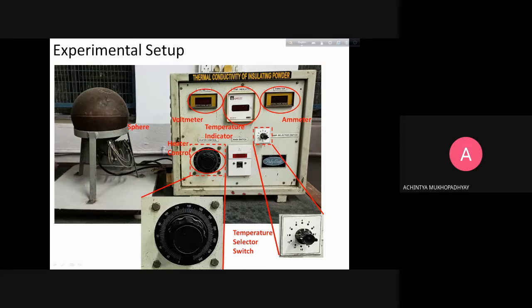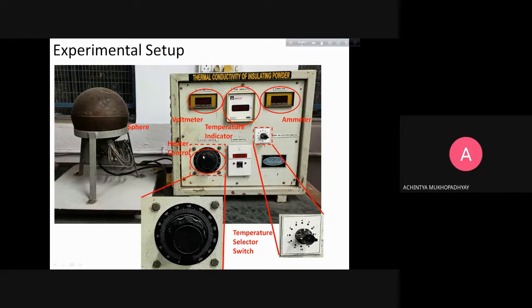These are the thermocouple leads. This one is the control panel where you get all the readings. Basically this is the main switch through which you start the power supply.